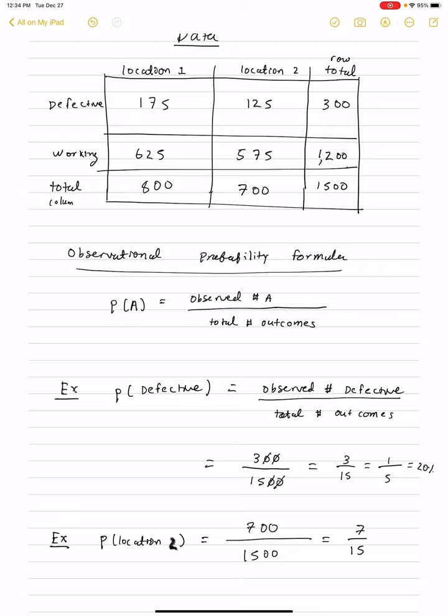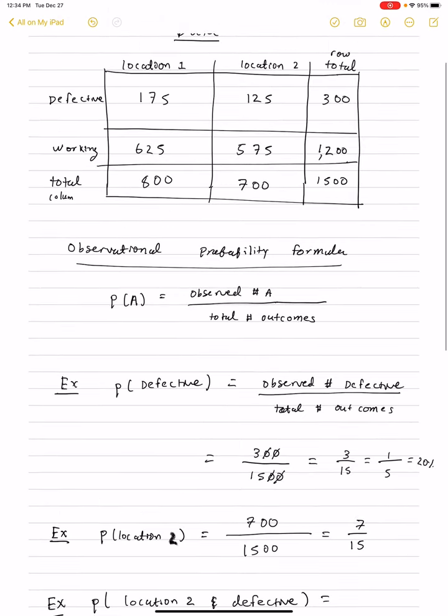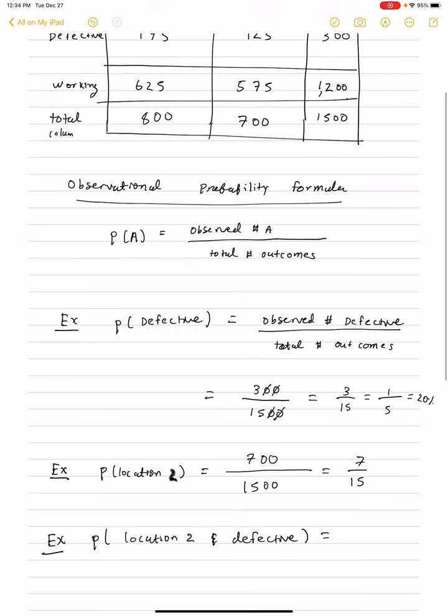Okay. We could ask for one more example here, which is what's the probability of location 2 and defective? The probability here, well, we need to meet both criteria. There's an "and" here.